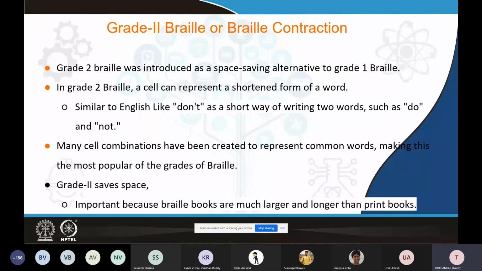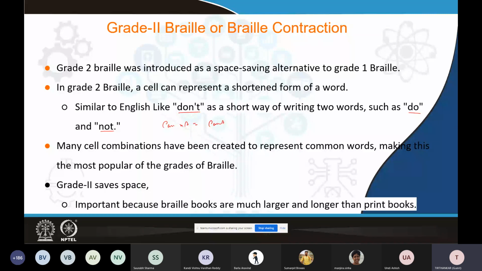We typically do a lot of compression in English also when we write or talk about something. For example, in English we typically use the term don't instead of the full words do not, and cannot is typically written as can't, right?